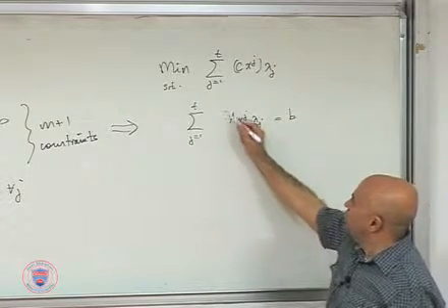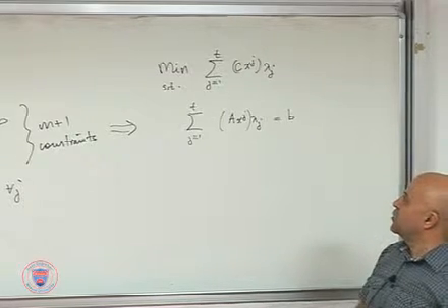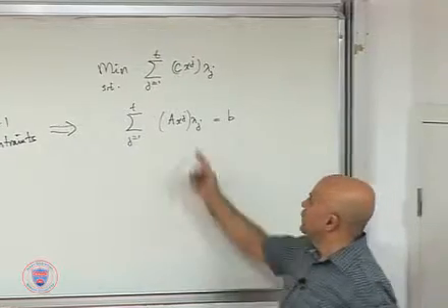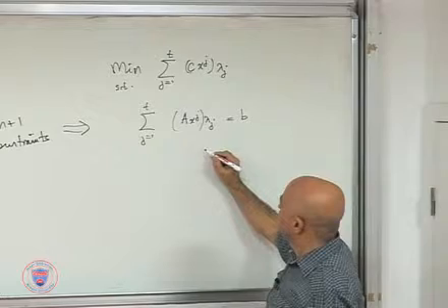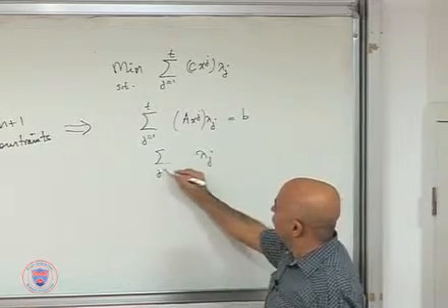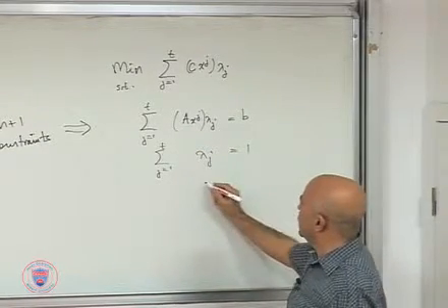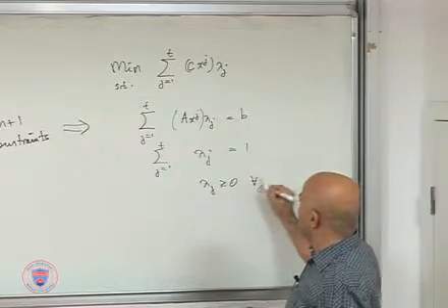A times xj just gives you a column vector. And then you also have the sum of lambda j equals 1. This is a single constraint, with lambda j's being non-negative.